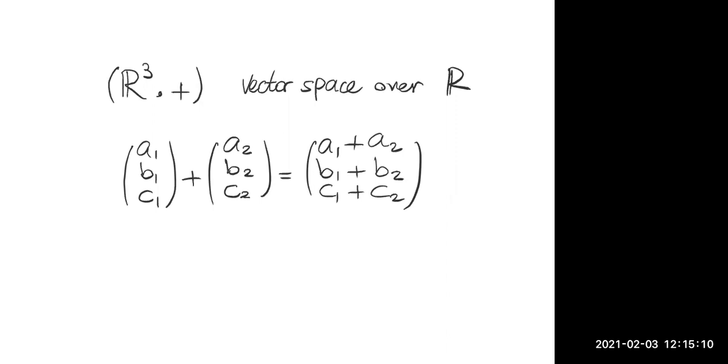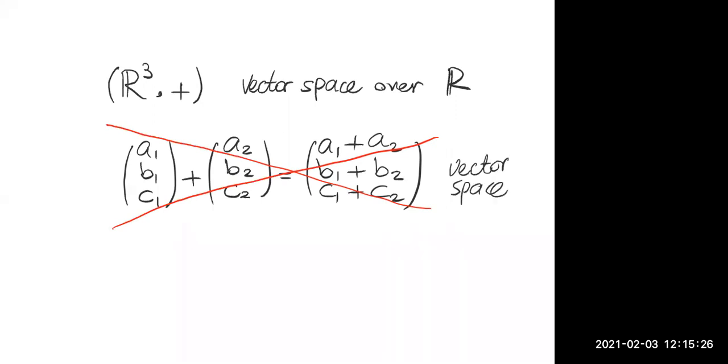Now here I would choose a non-standard addition. So rather than taking this as the definition, I would define another addition. So this is the standard one, and this is really a vector space, I would define another addition. I would define A1, B1, C1 addition to be this new thing.